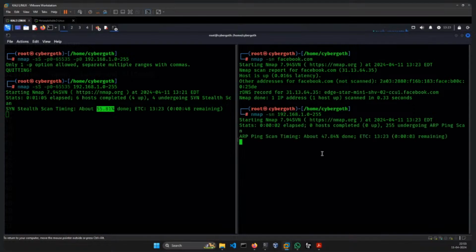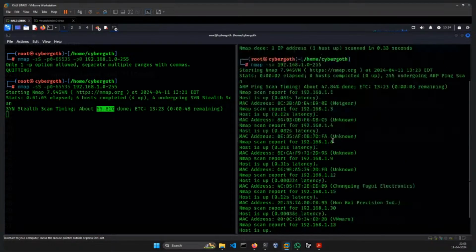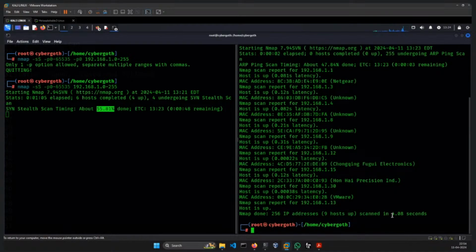And this won't take much time, I guess. See how fast it was. This kind of scan is even faster than your netdiscover scan. The IP addresses that responded did so in such a short period of time, 4 seconds only. So this is the benefit of doing ICMP scanning or host discovery with Nmap.